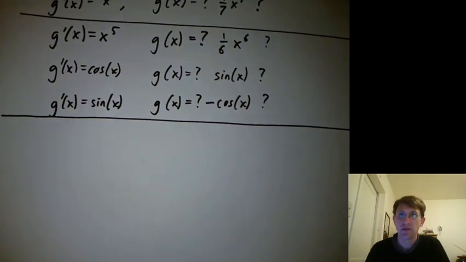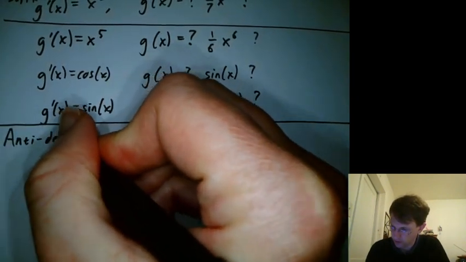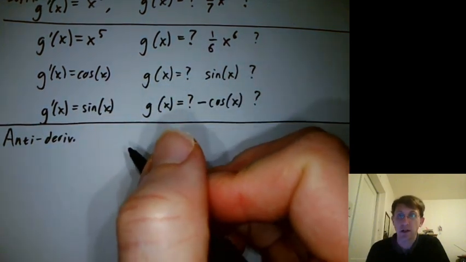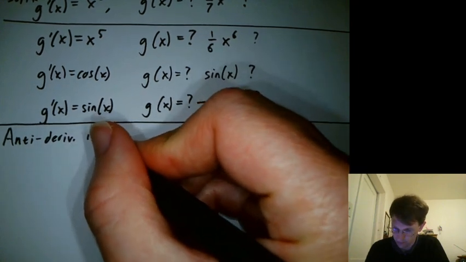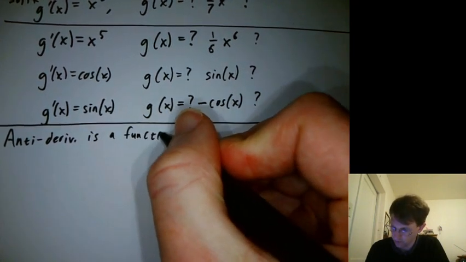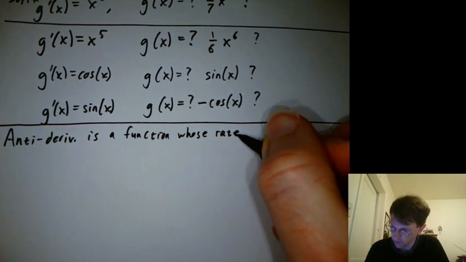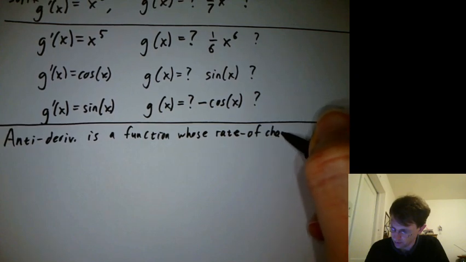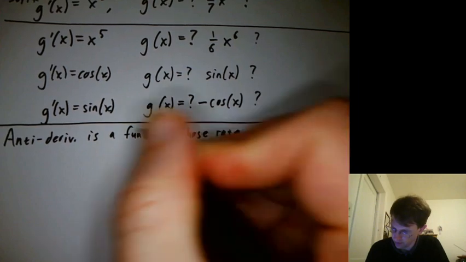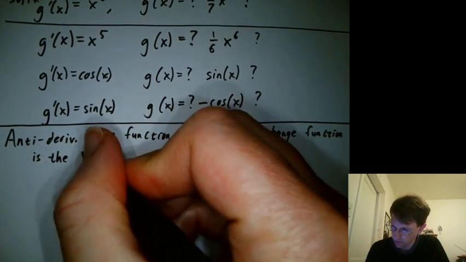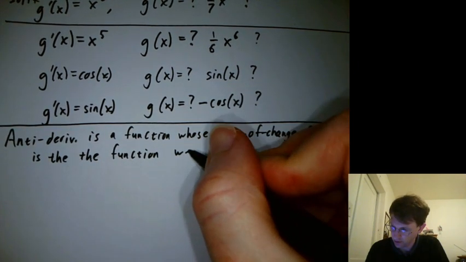Let's talk about some antiderivative notation. So an antiderivative is a function whose rate of change function is the function we've been given, or you could say the function we're starting with.